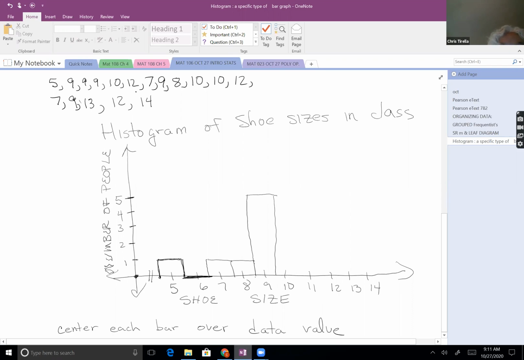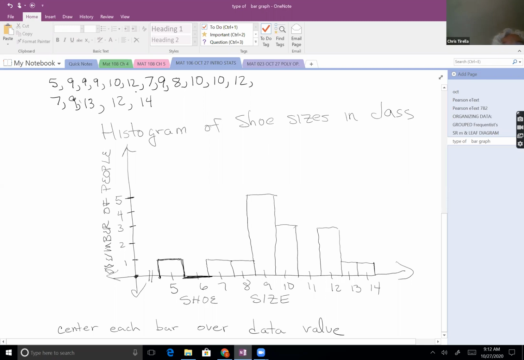We had three 10s. We didn't have any 11s. We had three 12s. One 13 and one 14.